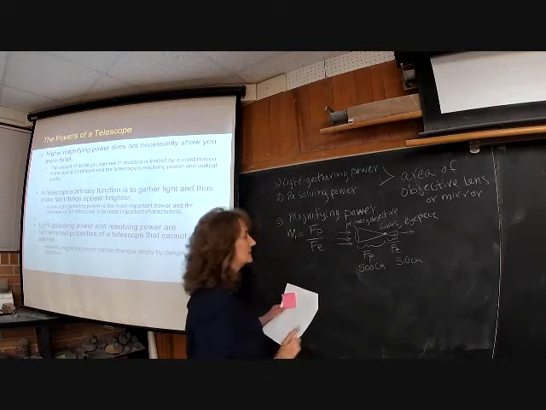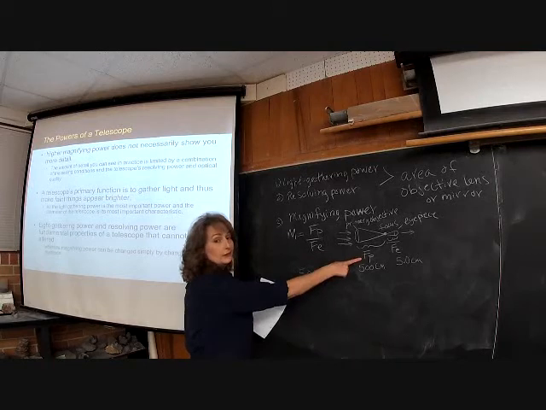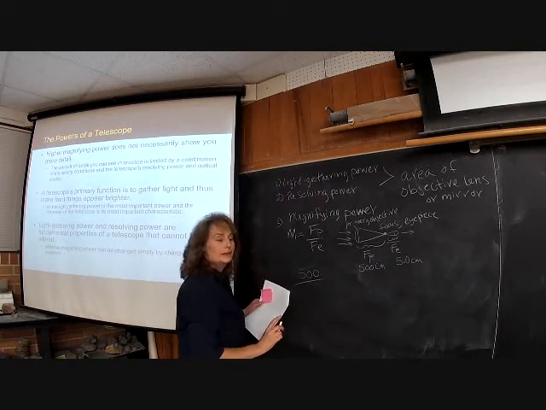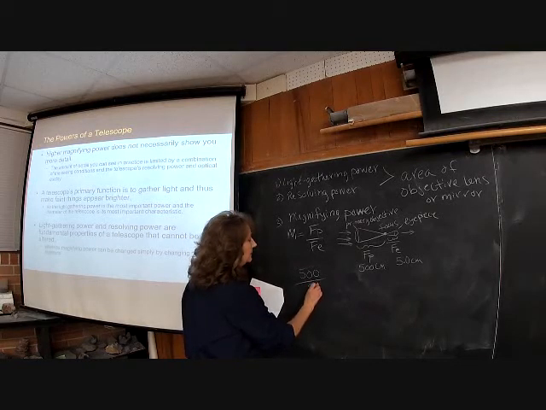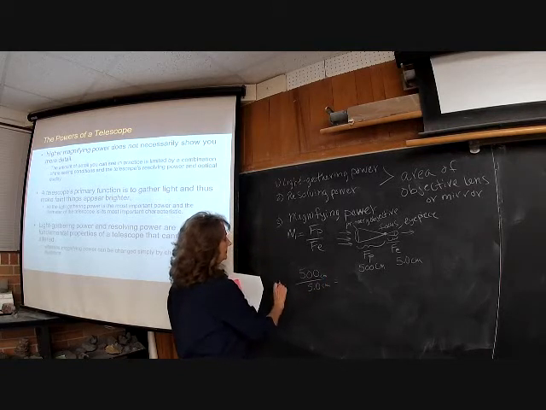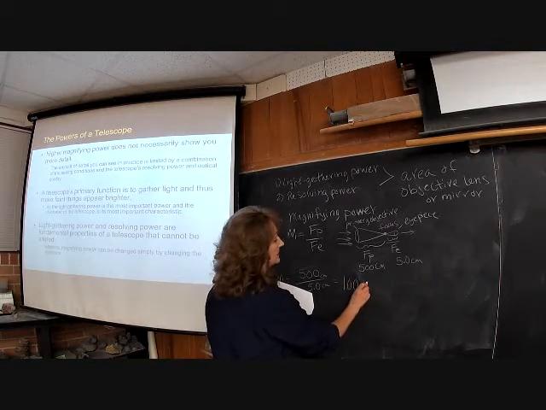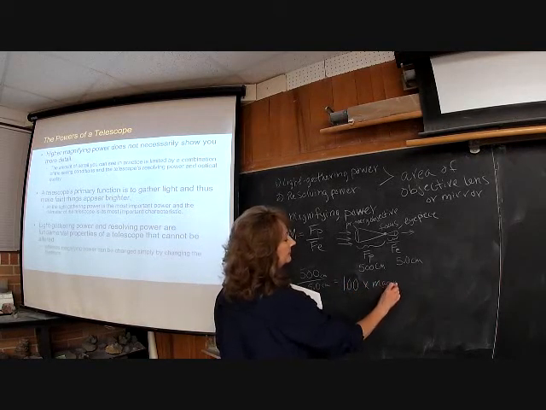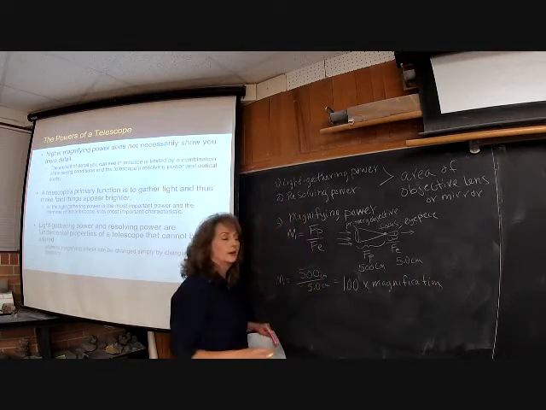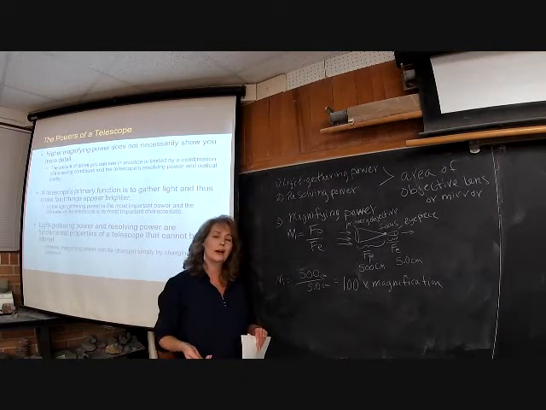So basically we'll plug that in, the focal length of the primary divided by the focal length of the eyepiece, 5.0, those are both centimeters. And what are you going to get? What do you get with that? You get a 100 times magnification. Right, so 500 divided by 5 is 100. So that's a 100 times magnification.